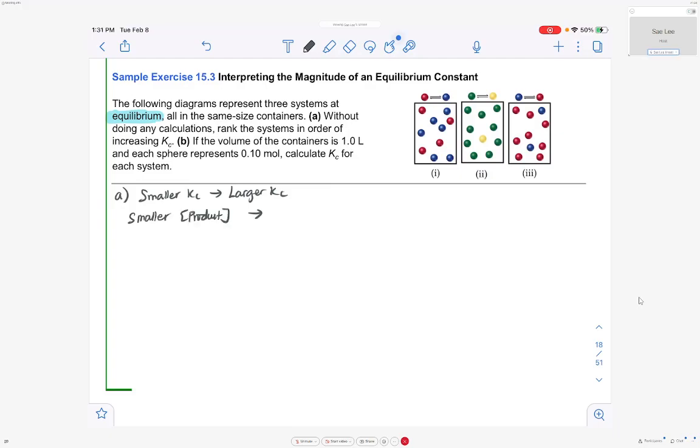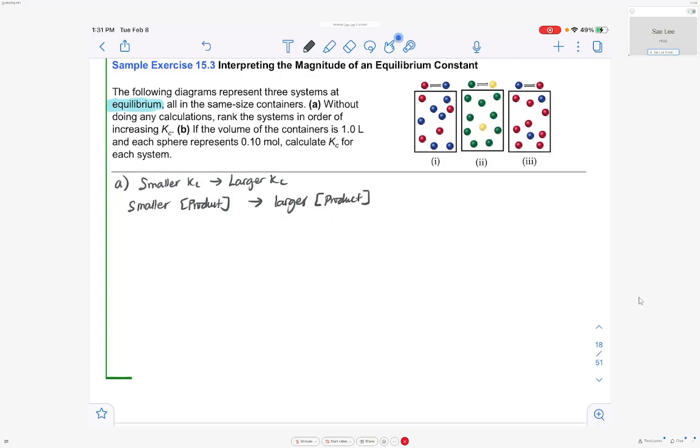Larger Kc represents higher concentration of product, right? Larger product concentration at equilibrium.